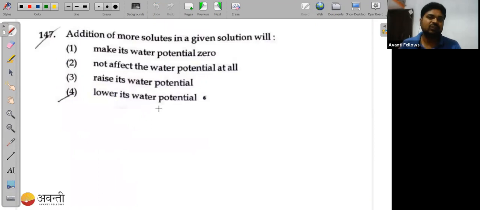Addition of more solute in given solution will. This is a very simple question actually. यहाँ पर क्या बोला गया, whenever we add more solutes in solution, then उसके बाद क्या होगा, make its water potential zero. No. Okay, when there is 0% of solute, then water potential is zero. ठीक है, not affect the water potential at all.